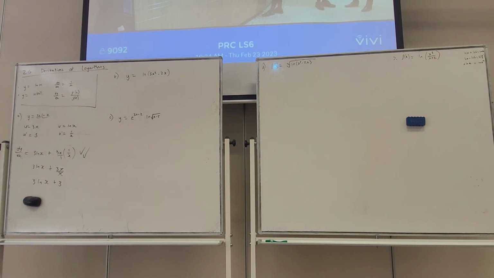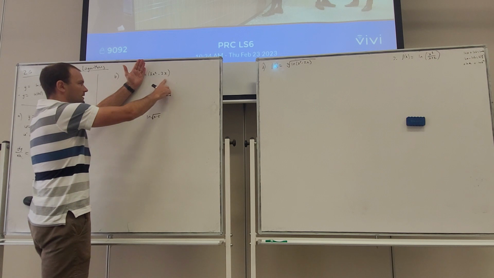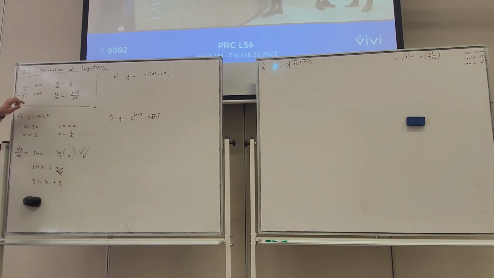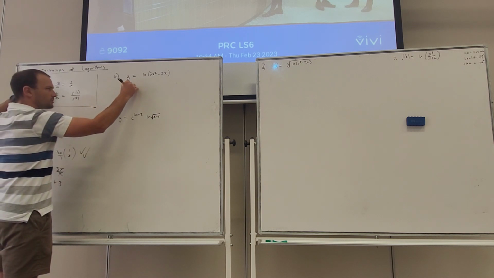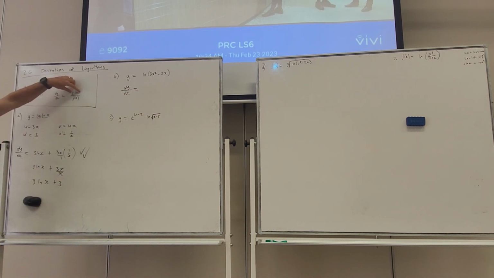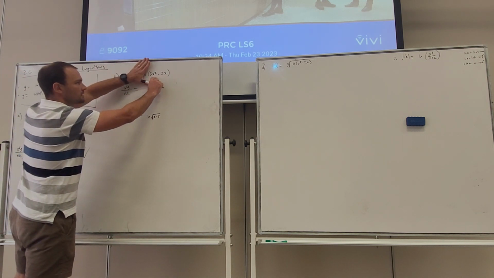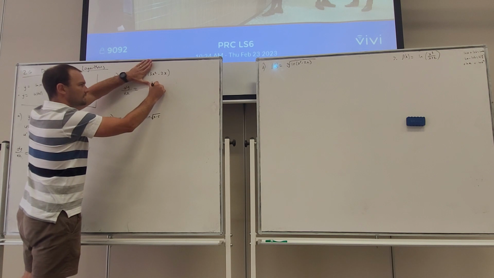On to B. We have ln of, and then we have this function in here, 3x squared take 2x. We have ln of a function. So therefore, our derivative, we can jump straight to it. This is one step. Our derivative is the derivative of the inside. So when I differentiate what's on the inside, 3x squared, that's going to be 6x.